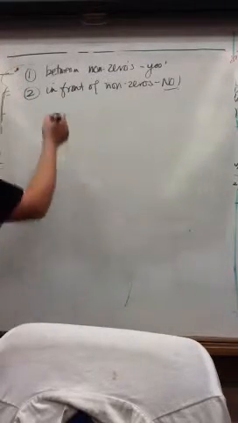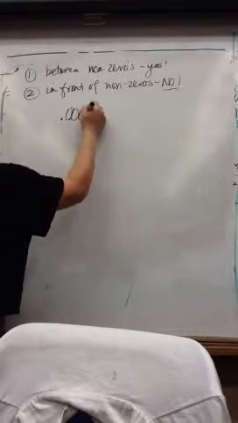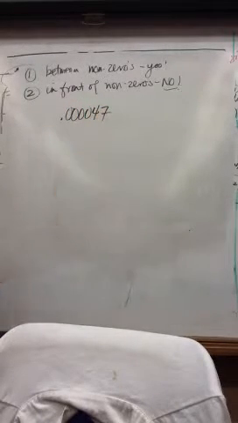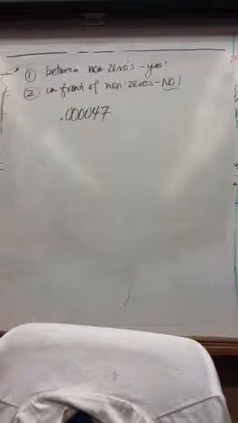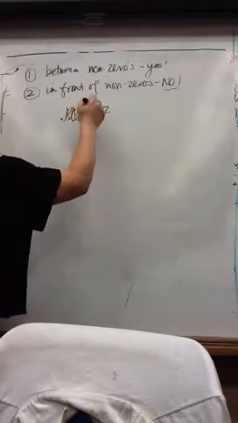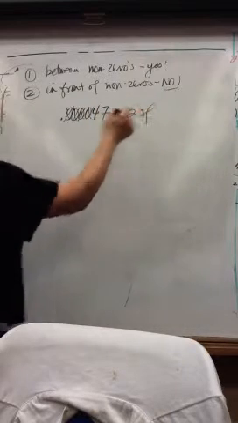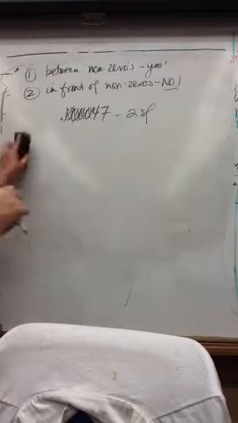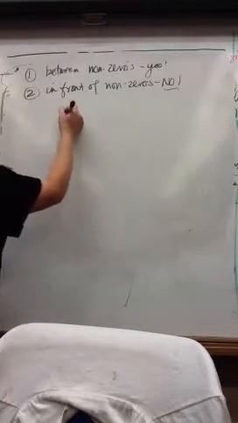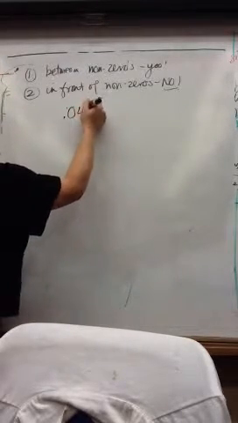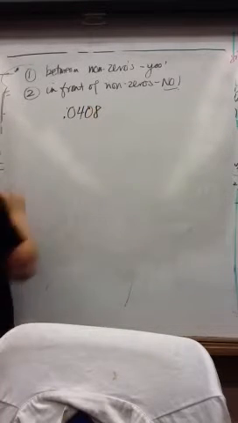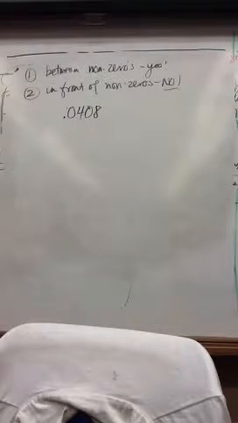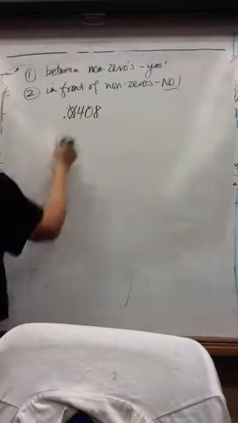What if we have 0.000047? How many sig figs does that have? 2, because none of these are significant. All right, now let's mix those first 2 rules. What if we have 0.0408? How many sig figs are there? 3. This is not significant.